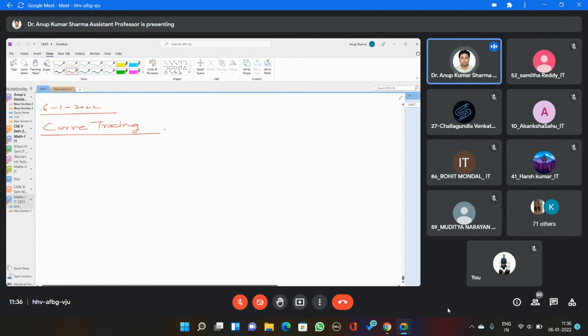Okay, so I think this is the last unit, last topic of unit number one. Okay, curve tracing. What we understand by a curve is that whatever line we draw is a curve.